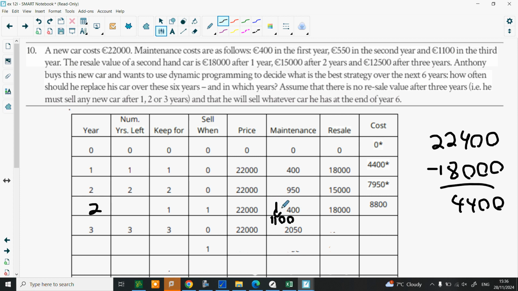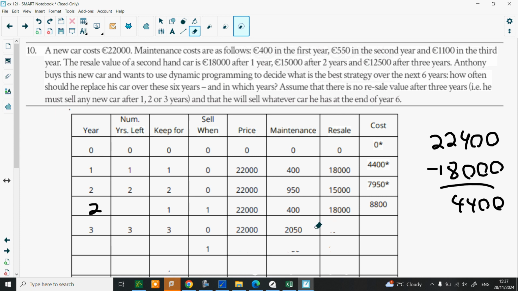That 1,100 is 3 years of maintenance, but it has to add the 5. So there must be 2 years of maintenance in there somewhere as well. So what's 2 years of maintenance? 400 and 550, 950, yeah? 950 plus your 1,100, 2,050. Is that okay?